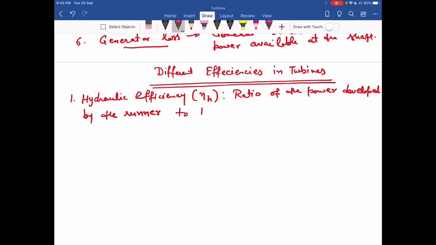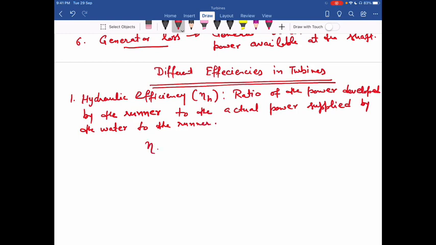to the actual power supplied by the water to the runner.